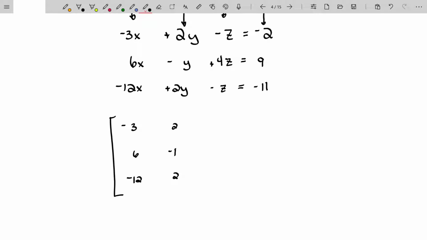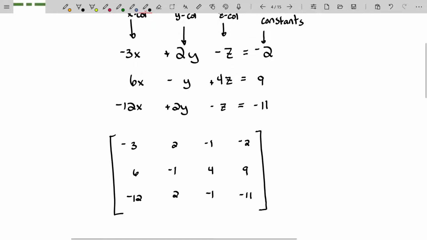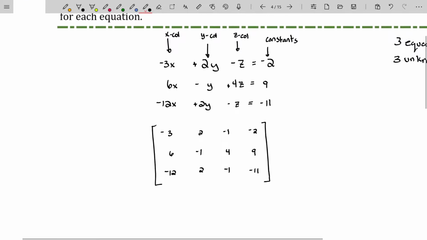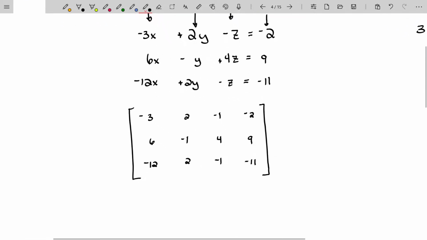That's the column of y coefficients. And then -1, 4, and -1. That's a column of coefficients of z. And then we have the column of constants: -2, 9, and -11.